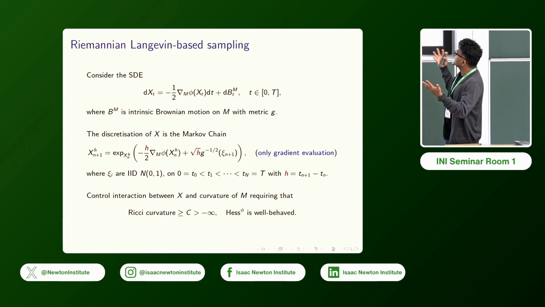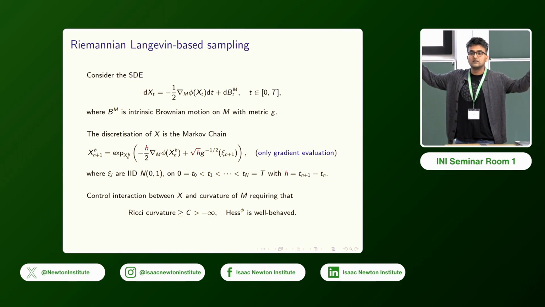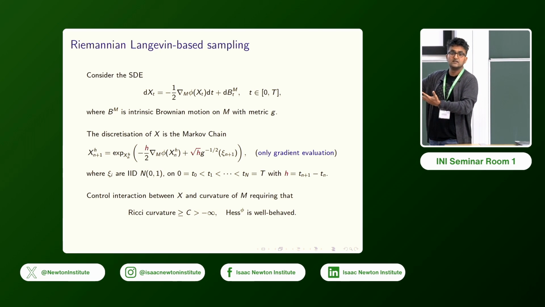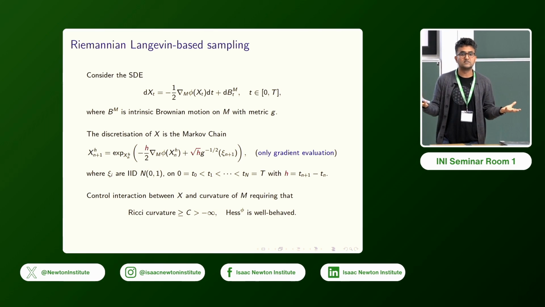Now you need to make sure that things don't explode, that you don't leave the manifold and go away, or you have to make sure that this algorithm and the continuous process also mixes nicely, goes around everywhere, so it's ergodic enough, so that eventually you'll be converging to this stationary distribution, which is your target measure. So in the manifold setting, you have to control the curvatures.